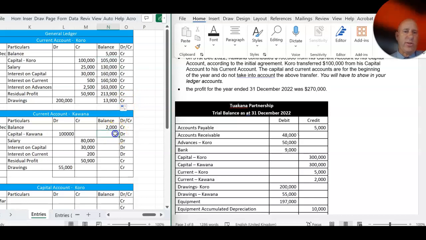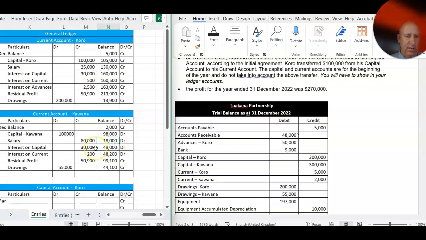We could do the same with Kawana, but you'll see a problem. I'll show you. Opening plus the credits minus the debits, and you'll see as we fill down there's a negative figure, so we don't want a negative figure, so that'll be 98 and 18. See how it swapped from a credit to a debit, so basically that's a negative there. And then in here, what do we got?